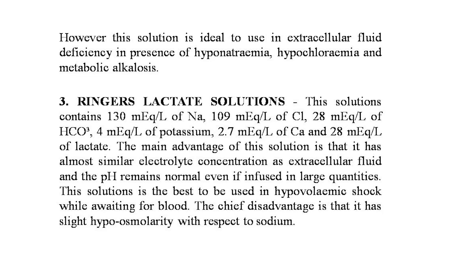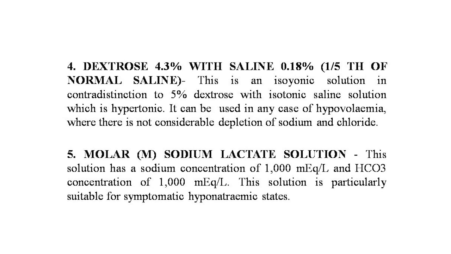This solution is the best to be used in hypovolemic shock while awaiting blood. The chief disadvantage is that it has slight hypoosmolality with respect to sodium. Now the fourth solution is dextrose 4.3% with saline 0.18%, that is one-fifth of normal saline. This is an isotonic solution, in distinction to 5% dextrose with isotonic saline solution, which is hypertonic.